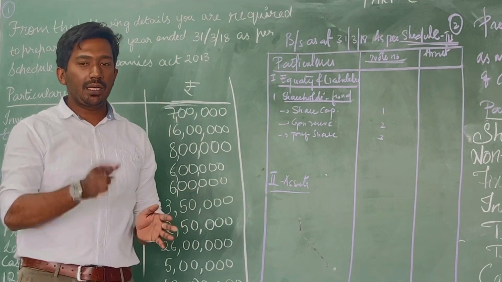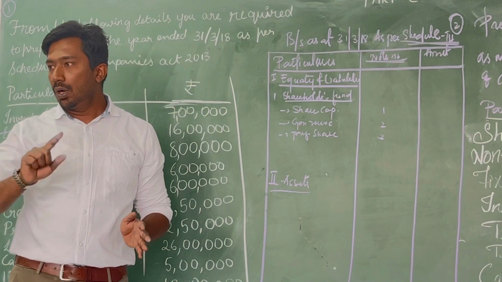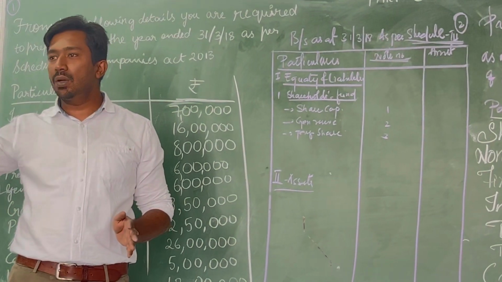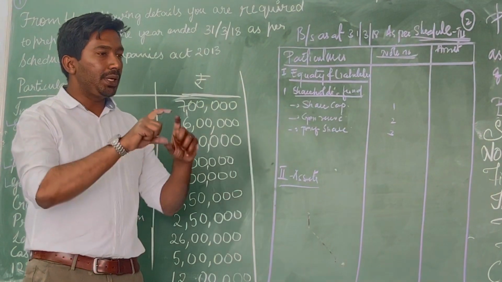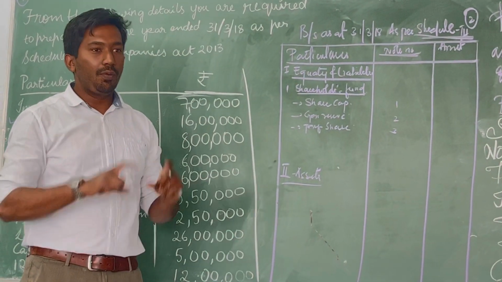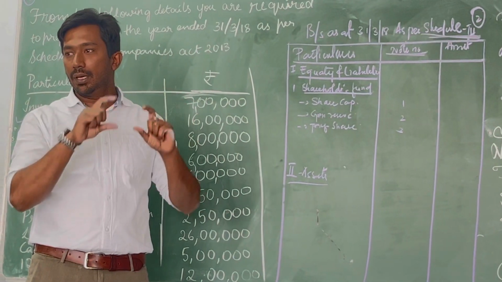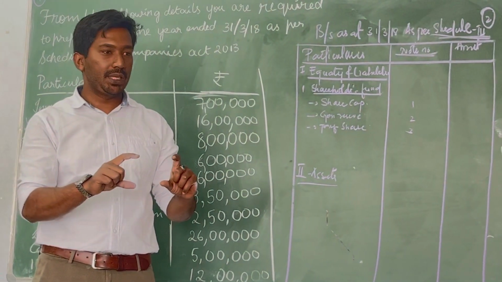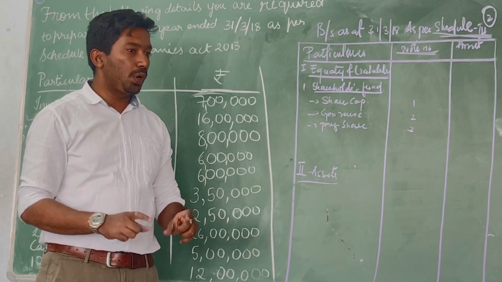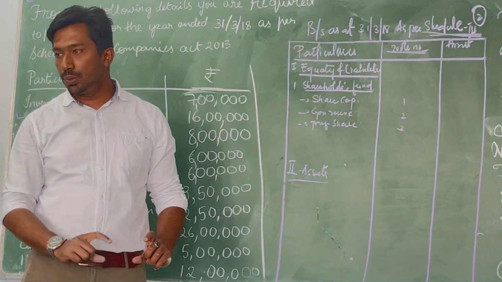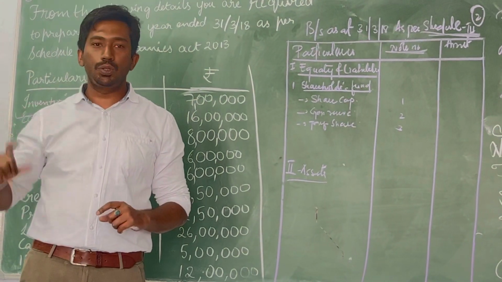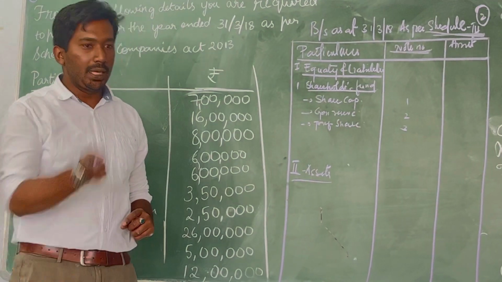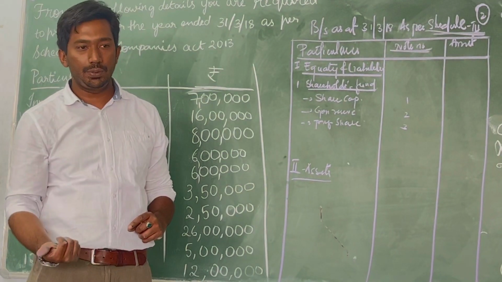We prepare a ledger account, we take the output of that and we prepare the profit and loss account and balance sheet. Like that, in a joint stock company, we prepare schedules. One schedule is for share capital, one schedule is for reserves and surplus, one schedule is for current assets, one schedule is for current liabilities. Like that, we have schedules for everything. Understood? Here we call them account, there we call them schedules.